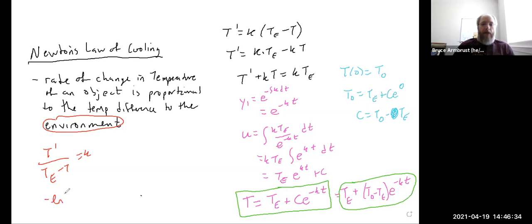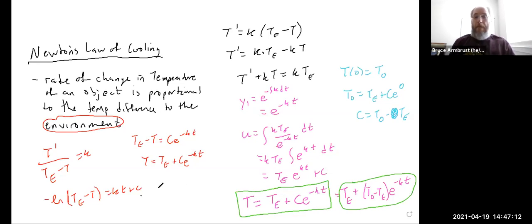That becomes a minus natural log of TE minus T equals KT. So we move the minus sign over, take an E, you get TE minus T equals, or plus, CE to the minus KT. So T equals TE plus CE to the minus KT, which, hey, that's what we saw right there. So separation gets you there as well with this guy.